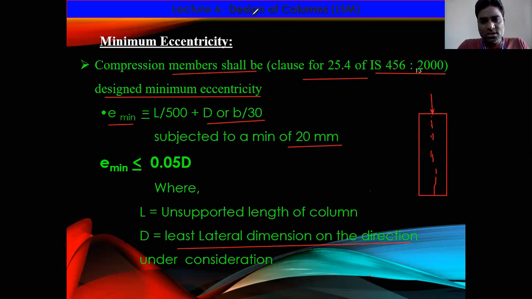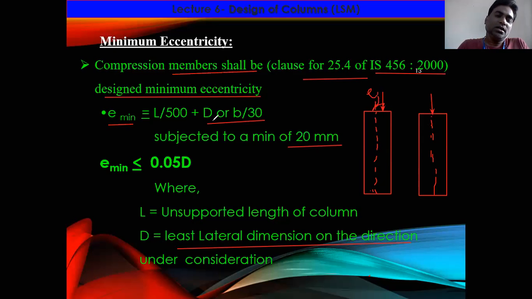Suppose this is the centroidal axis of the column, for example, and the load is acting somewhere else here. That means there is an eccentricity with respect to this. This is called e. In constructing RCC structures, exactly achieving this is a little bit difficult, right?